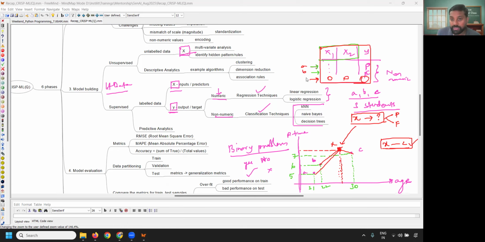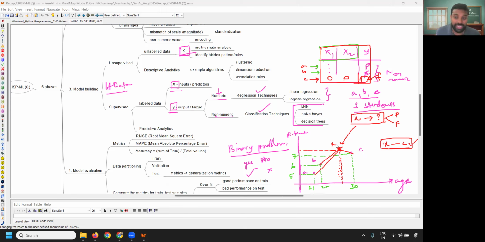This is A, this is B, this is C. I'll go to the historical data and I will know whether C passed the exam or failed the exam. Maybe C failed. I'm just giving you a scenario. This person C has failed the exam, maybe.